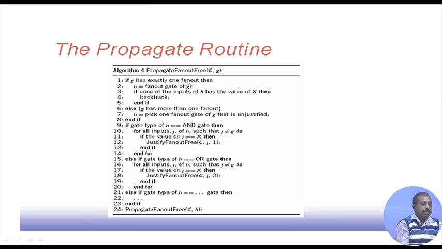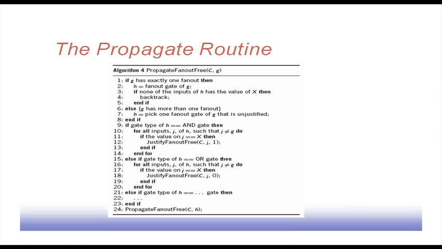If G has exactly one fan out, suppose H is the fan out of G. If none of the inputs of H has the value X, that is, all the inputs of H are already specified, then we cannot do anything. So then we need to backtrack, because through this line H we are unable to send this line G to the output.